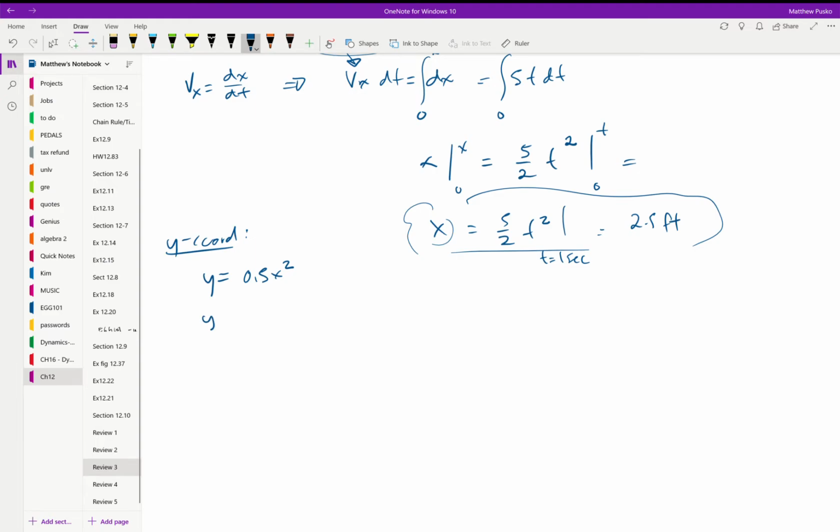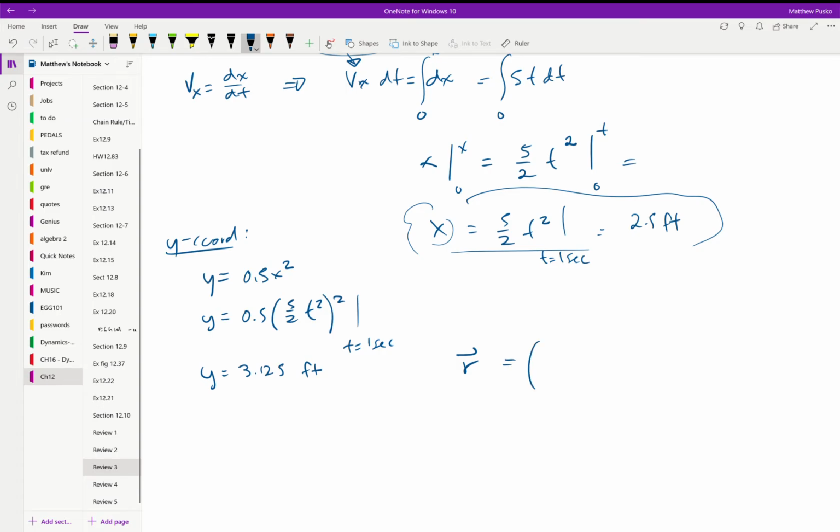Gives me a y equal to 0.5 times 5/2 t squared, and we need to square that. Plugging in t is equal to 1 second gets you 3.125 feet.